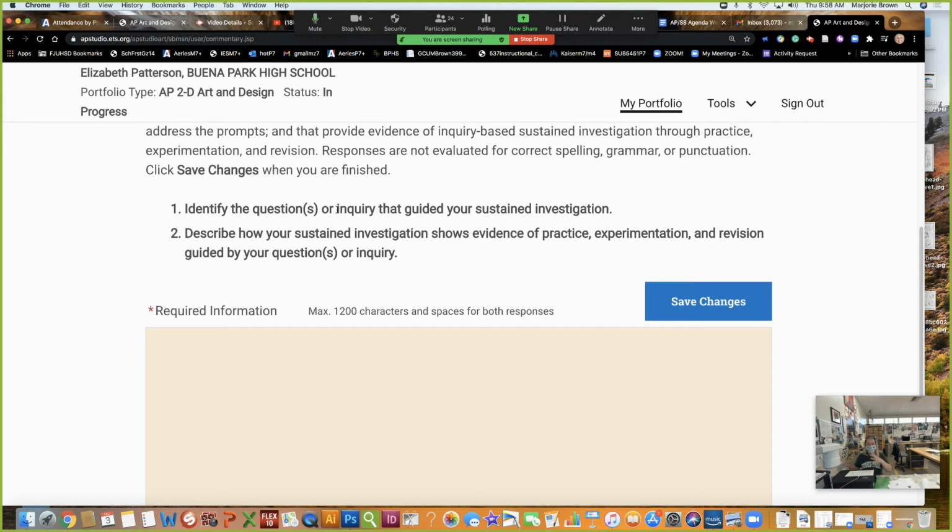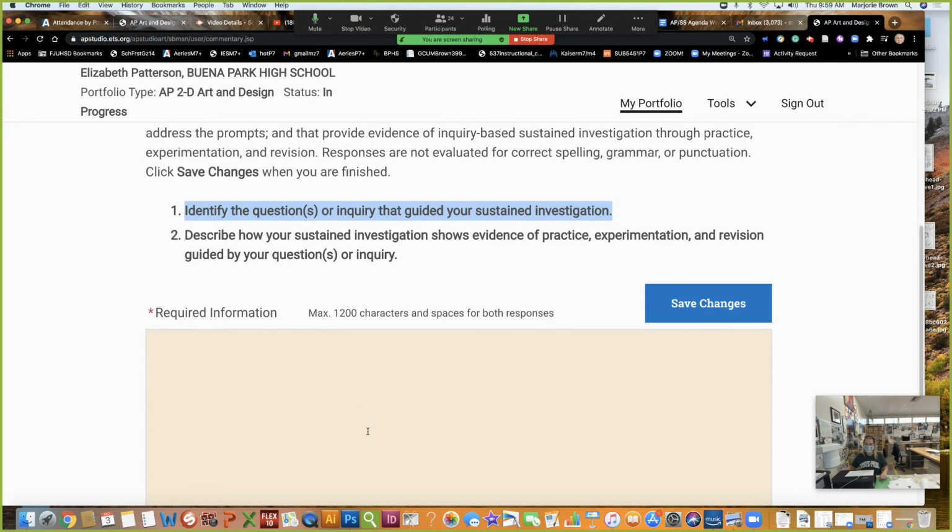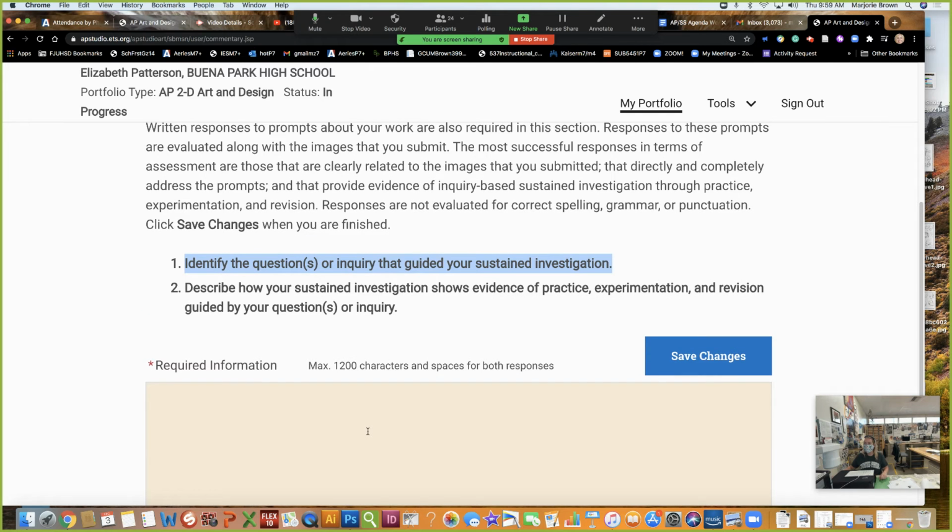What's the story you're going to tell for the rest of the year with your artwork? What are the things you're challenged with? What are your essential questions? What is the meaning behind all of this, in one paragraph. Okay? So this will be expected of you even if you're in special studies. I want to know, identify the questions of inquiry for your sustained investigation. Even though you're not writing this on the exam, I still expect you to submit that.